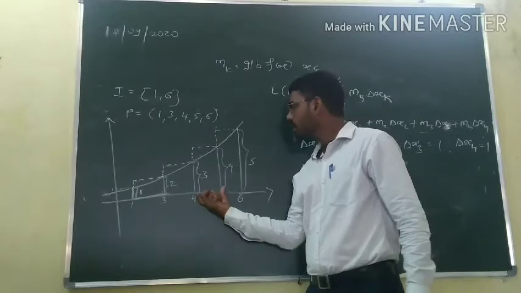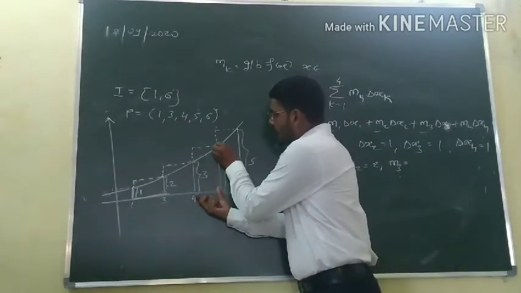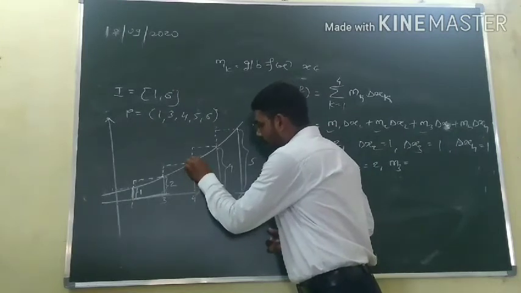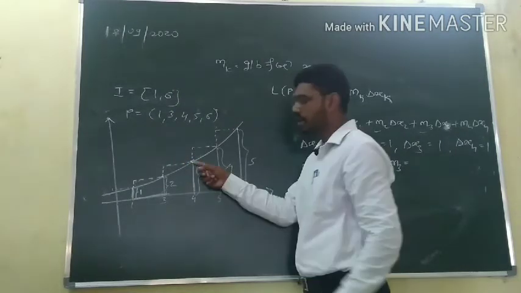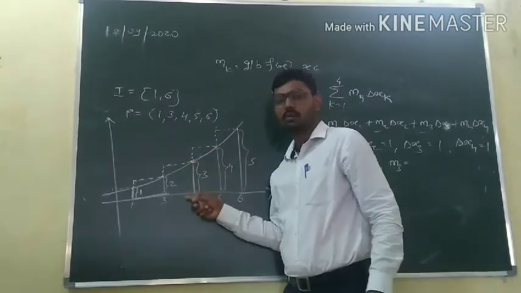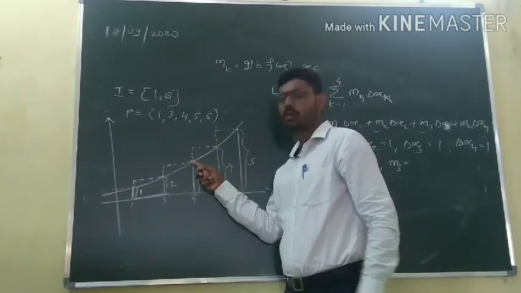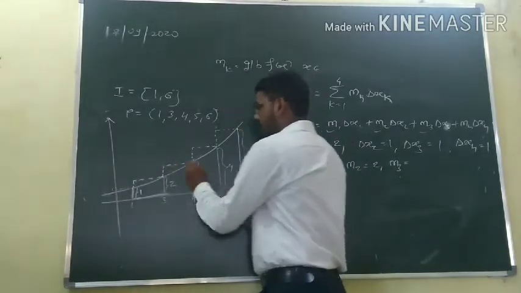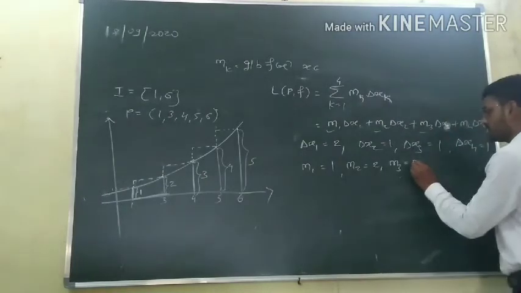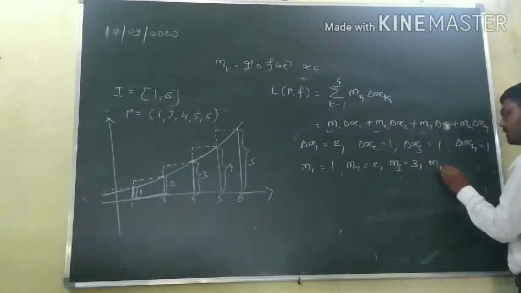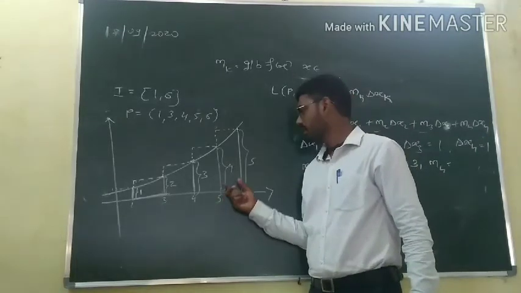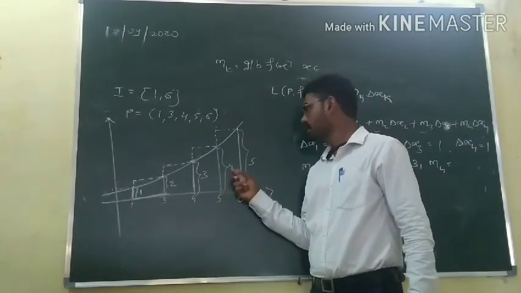This is the third segment, and this is the graph of the function in the third segment. We can easily observe that at point 4, the function has its minimum value. So this is the greatest lower bound, and it is given as 3. So m3 is 3, and m4 is nothing but the minimum value of the function in the last segment, which is 4.